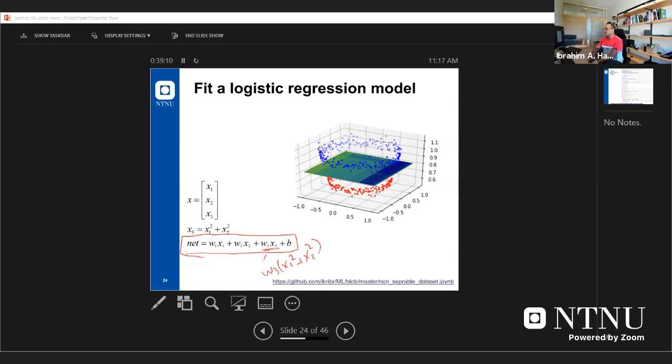We also had this GitHub code for the non-separable data set, but try to play with it. Try to make something that looks much better. For example, I can use a very simple input, maybe 2 inputs, x1 squared and x2 squared, because in this case it will be an oval, not a circle.